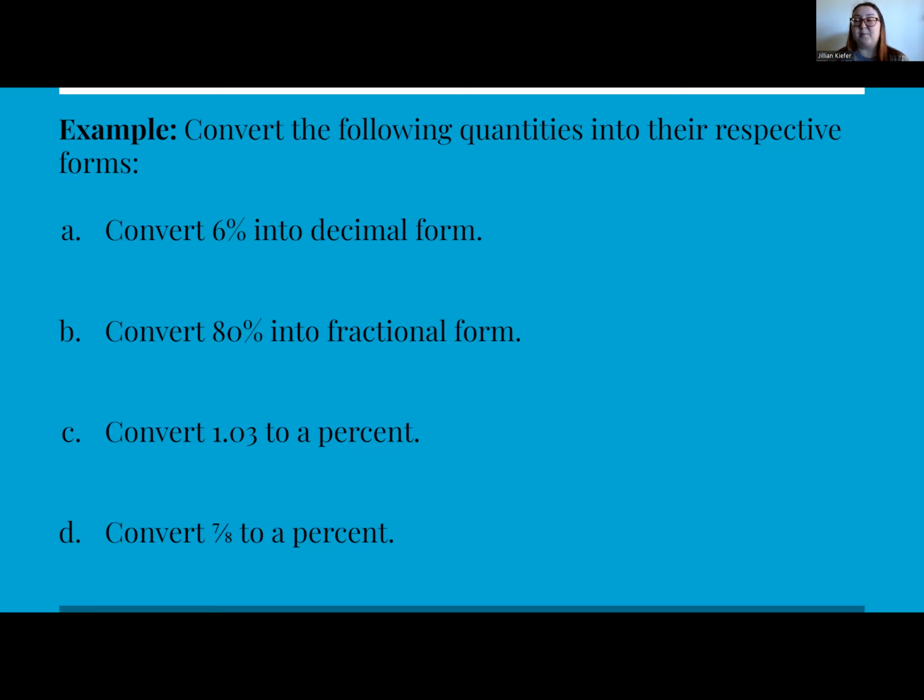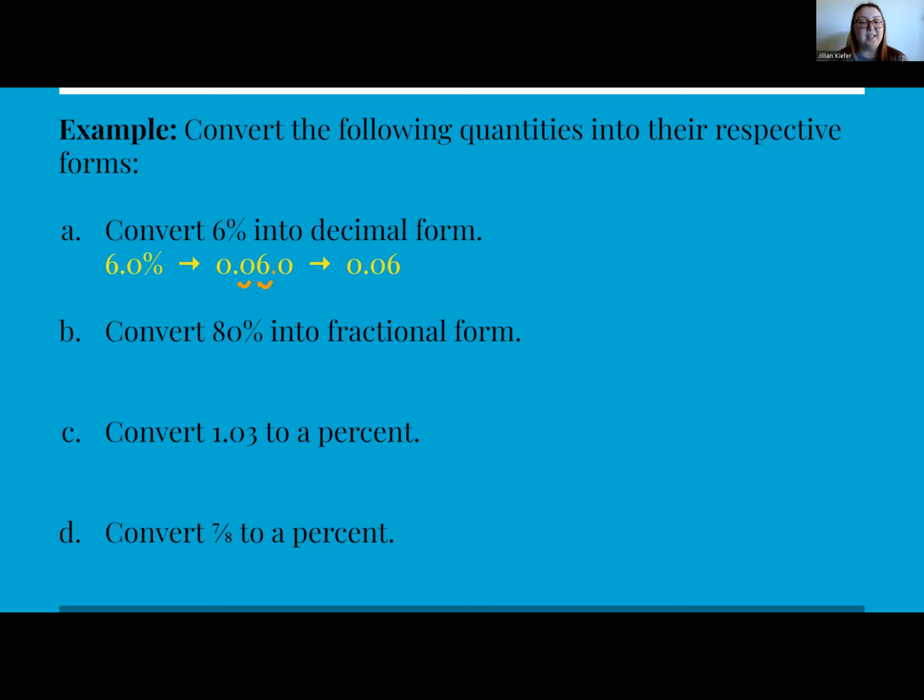Moving that decimal place 2 spots to the left would make that 0.06, just like that. So we drop the percent sign, and we move our decimal 2 spots to the left to get our answer in decimal form. If we wanted to use any sort of conversions, or do a math problem, we want to use the decimal form.